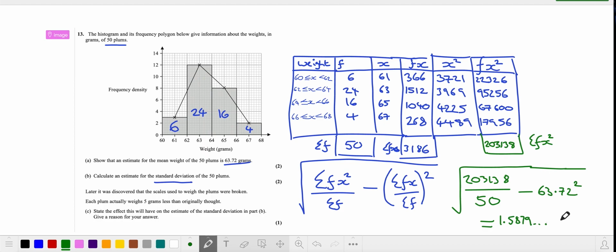So we'll round it to 2 decimal places, which would be ample. 1.59 is our standard deviation.